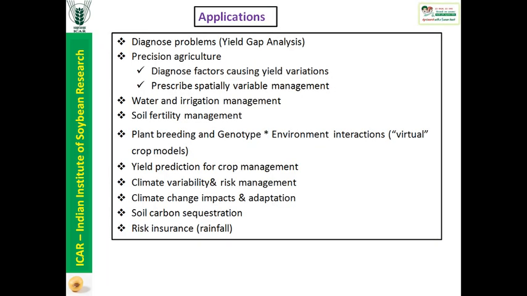Next we come to the application part of DSSAT. The DSSAT model is used in a wide range of applications at different spatial as well as temporal scales. It is mainly used for the diagnosis of different problems, and it also helps with yield gap analysis, yield prediction, optimization of different agronomic management practices, and precise management of agronomic inputs, especially water and irrigation.